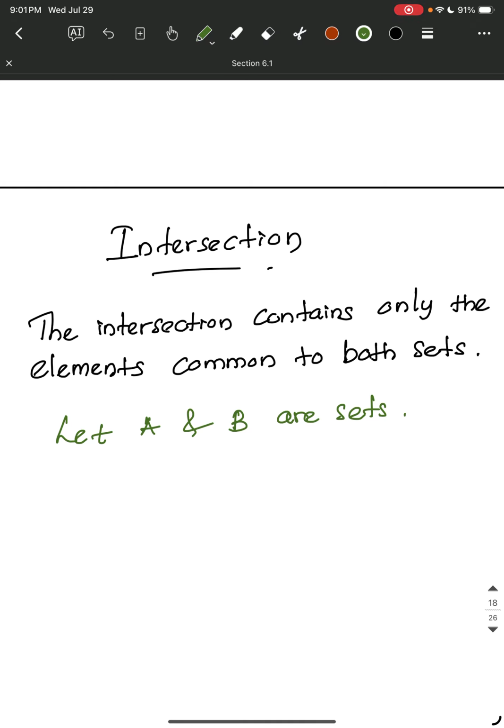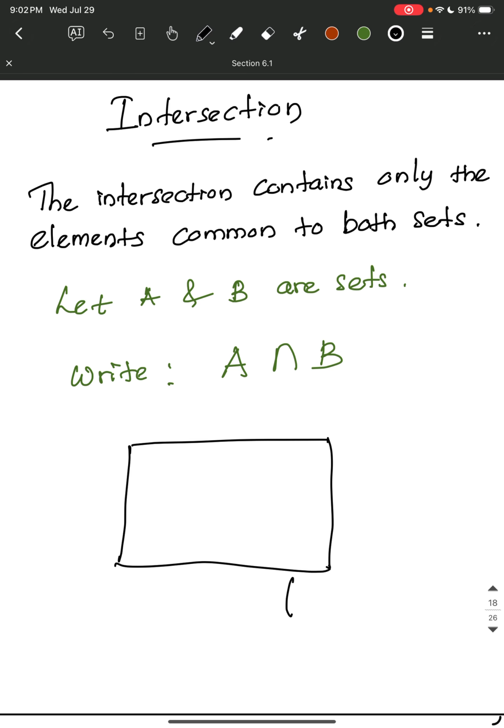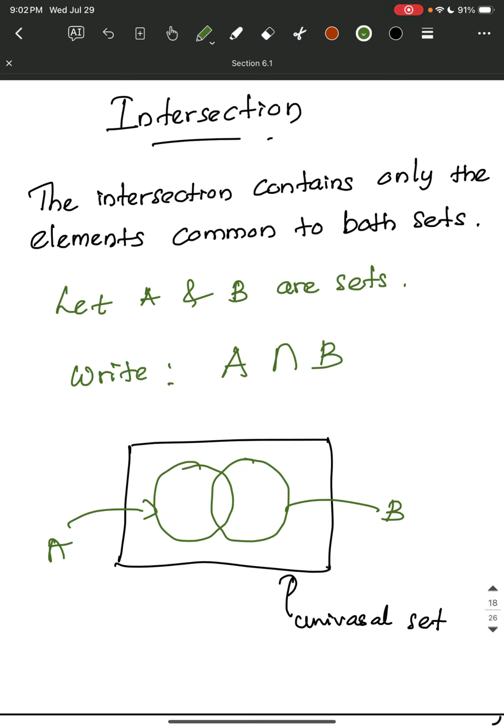Then the intersection is A intersection B. Within the rectangle space, which represents the universal set, we have two sets, A and B. Only elements common in both sets. So which area? The intersection represents the area common to both set A and B. A intersection B.